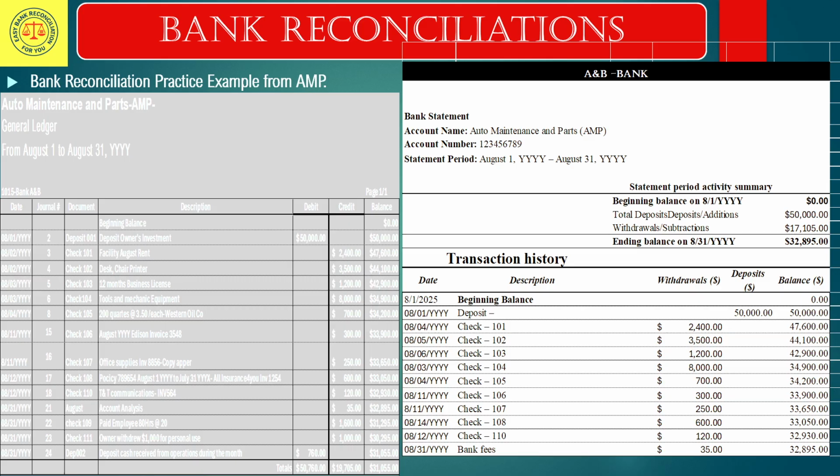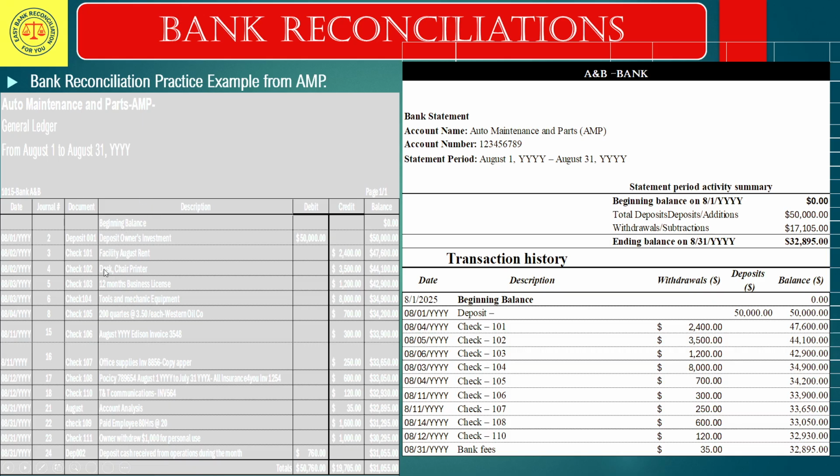So here we are. We have our general ledger, bank reconciliation practice example for AMP. Our company name is Agro Maintenance and Parts, AMP. This is a general ledger from August 1st to August 31st of the year. This is part of the exercise, the data that we extracted from the books we created with the activities for AMP.